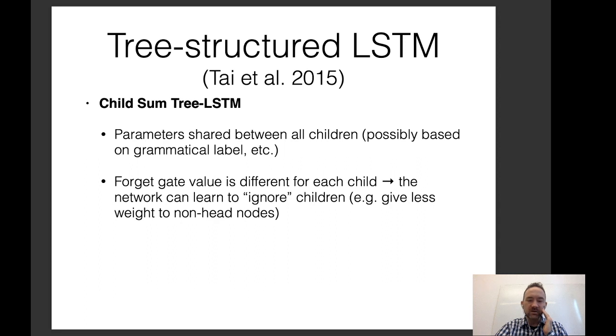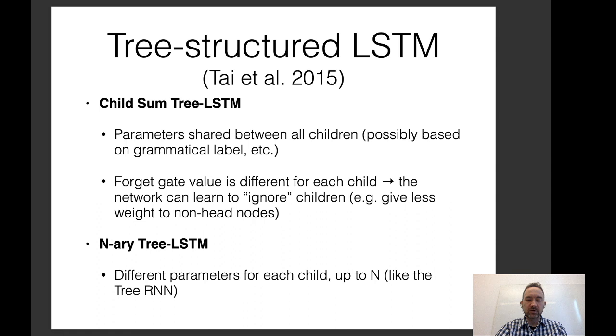Notably, the forget gate value is different for each child, so the network can learn to ignore children and give less weight to particular nodes in the tree. There are also n-ary tree LSTMs that have different parameters for each child up to n, which is a little bit like the tree RNN.